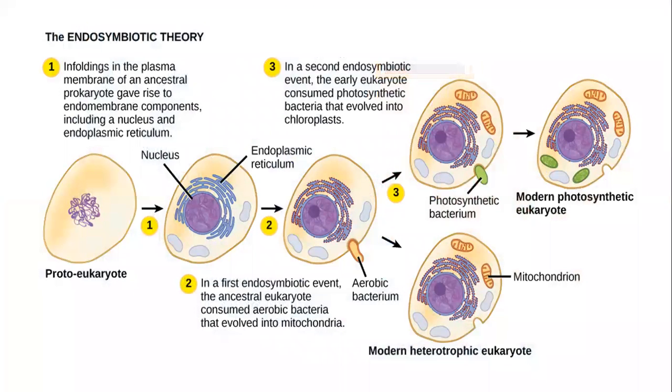the endosymbiotic theory, including the main processes. First, processes unfolding in the plasma membrane of an ancestral prokaryote gave rise to endomembrane components, including a nucleus and endoplasmic reticulum.